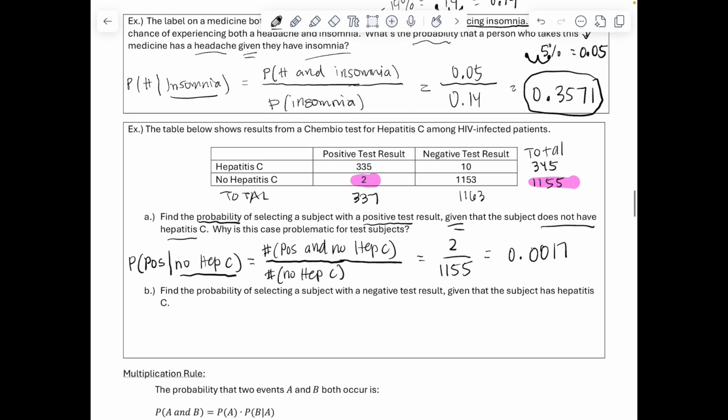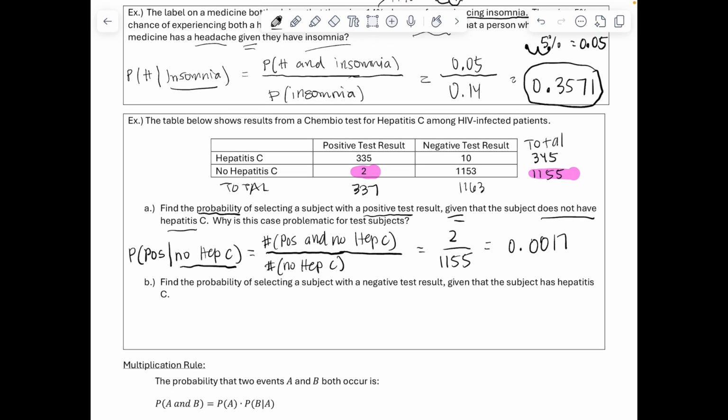Part B says find the probability of selecting a subject with a negative test result given that the subject has hepatitis C. So the probability of a negative test result given that they have hep C. And so again, it's going to be the number of people in the denominator that have hep C, which is given.